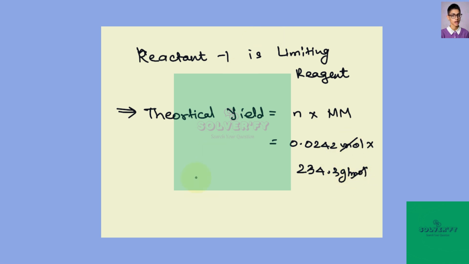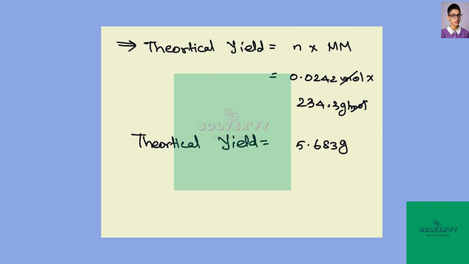Calculating this, we have theoretical yield equal to 5.683 gram.